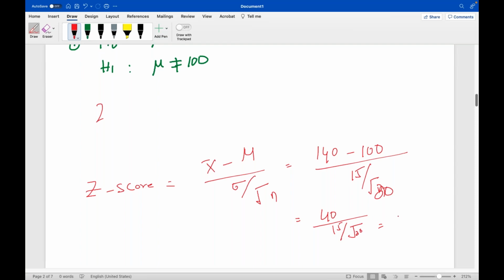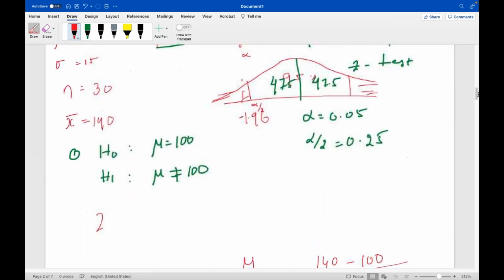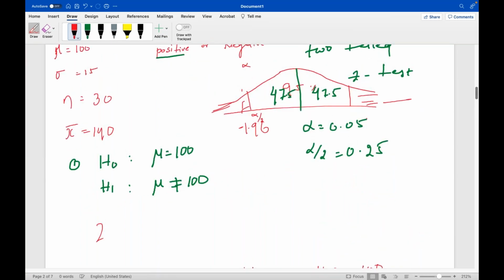14.60. So here the 14.60, it is in this range, right? It's more than 1.96. It's not in between minus 1.96 and plus 1.96. If the value is in between minus 1.96 and plus 1.96, then you have to consider accepting the null hypothesis.